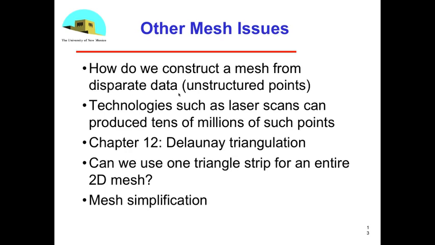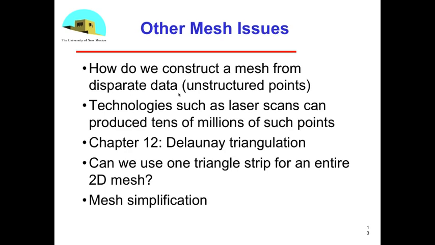So in some sense, a Delaunay triangulation is optimal in that way. And how do you do that with lots and lots of points that are unstructured? You can also look at things like, can I take a mesh that's two-dimensional and display it as one long single triangle strip? That's kind of a cute problem.